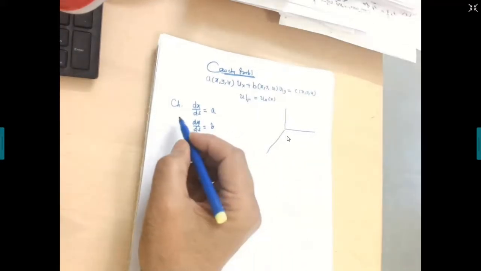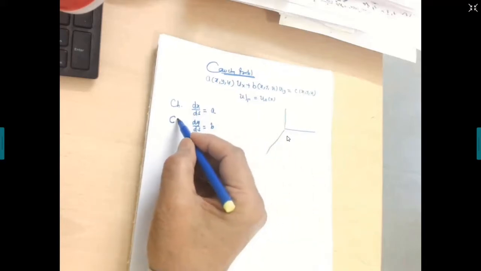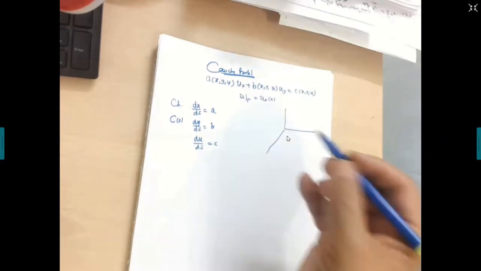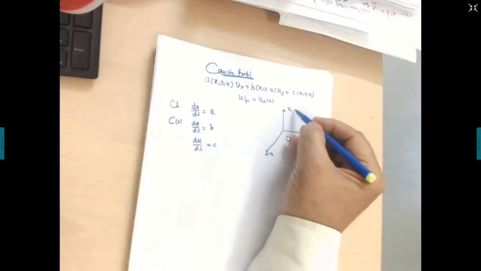I will denote this curve by capital C, which depends on this parameter. This is the parameterization of this curve C. So this is your x-axis, this is your y-axis, and this is your u-axis.